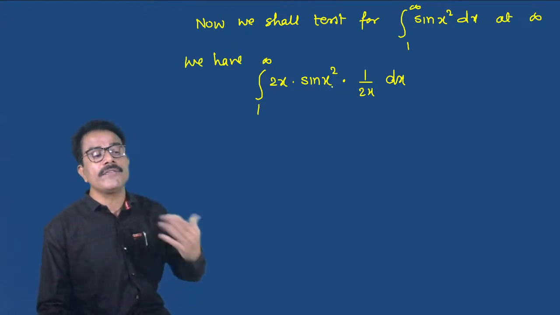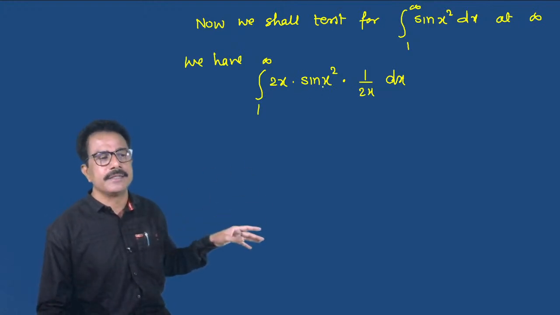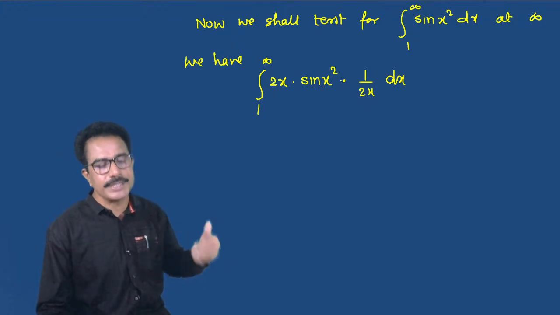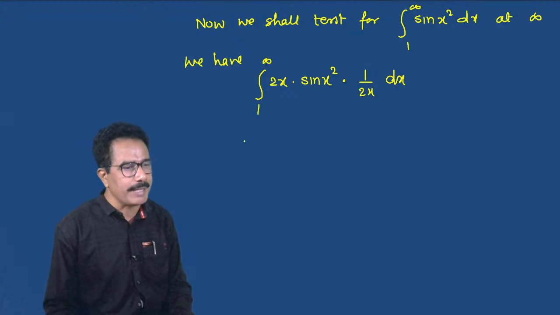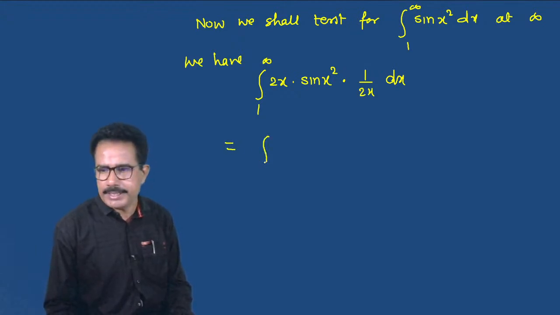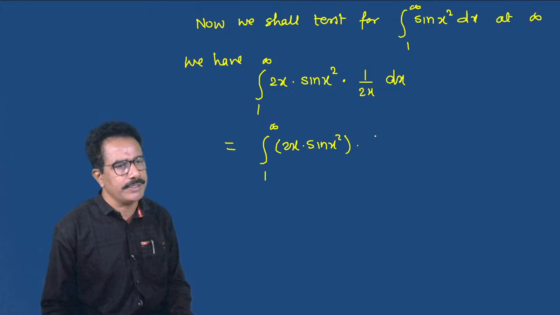Because the derivative of x square is 2x. We can solve this integral if we divide by 2x and multiply by 2x. So for this purpose we have divided by 2x and multiplied by 2x, which will be integration from 1 to infinity 2x into sin of x square into 1 upon 2x dx.